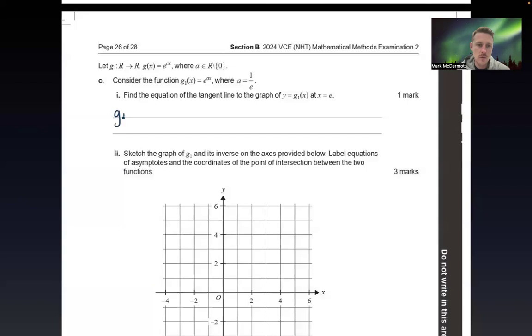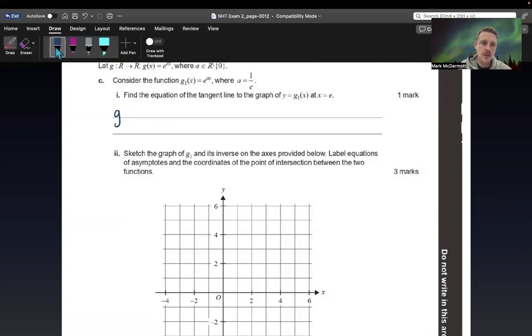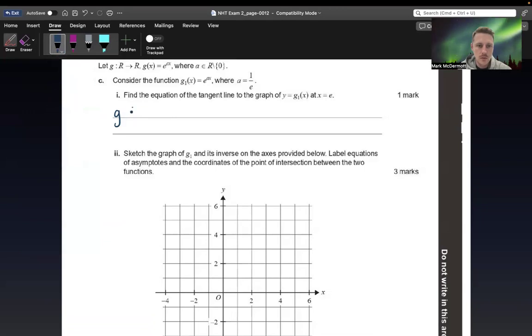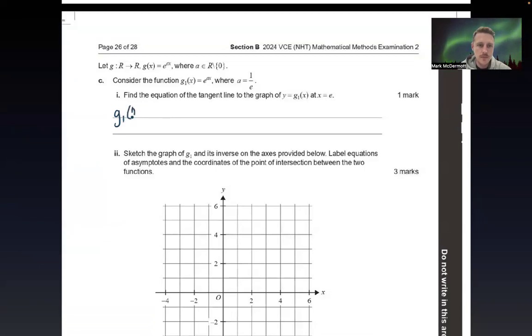So if we do g1 dash of x, actually, what we'll do first is determine what g1 of x is. g1 of x is e to the ax, but a is 1 on e, so this is e to the x on e.